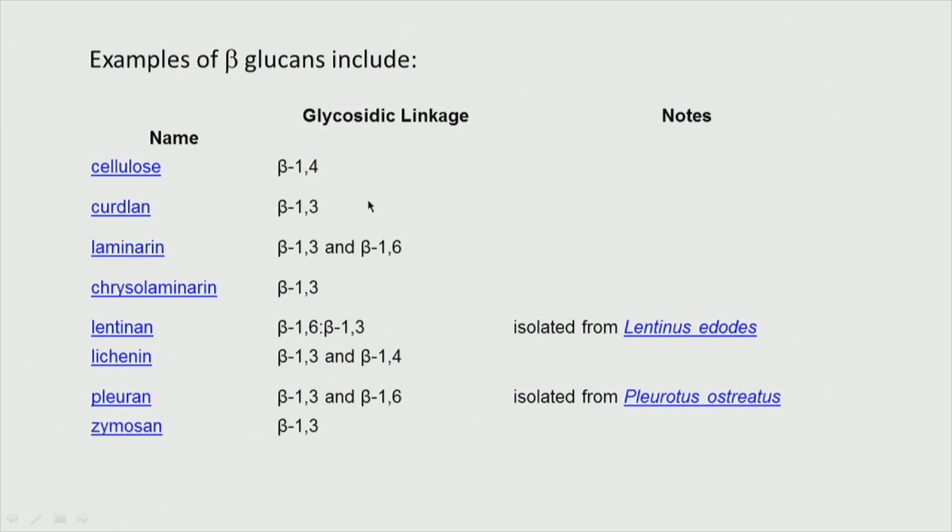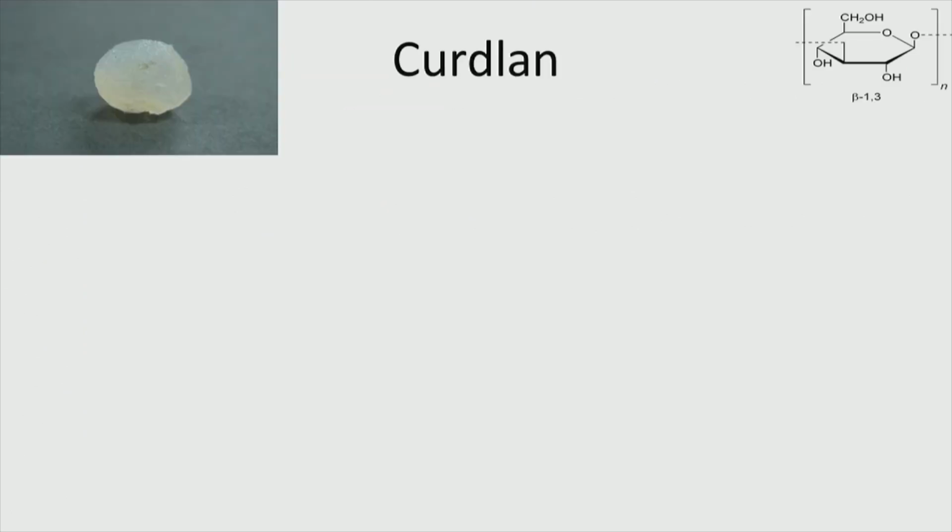So beta 1,3 curdlan is widely found, bacteria also produce this. It is a beta 1,3 glucan, also called curdlan. As you can see, it has gelling properties, it forms a triple helix type of structure which forms and breaks depending upon the temperature.